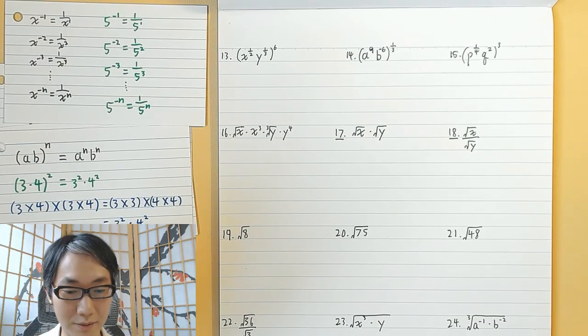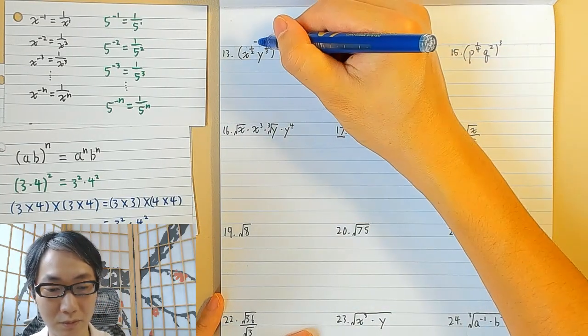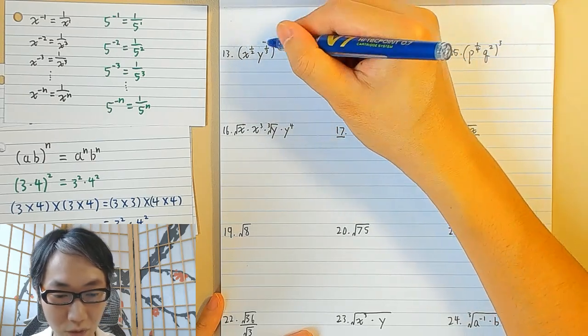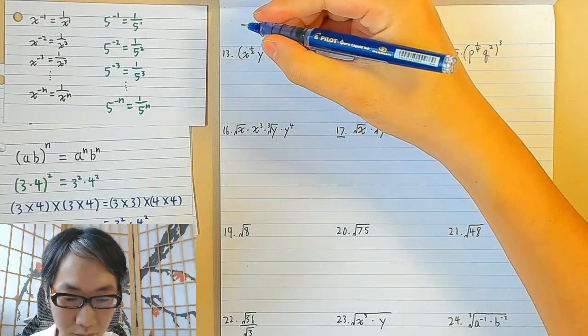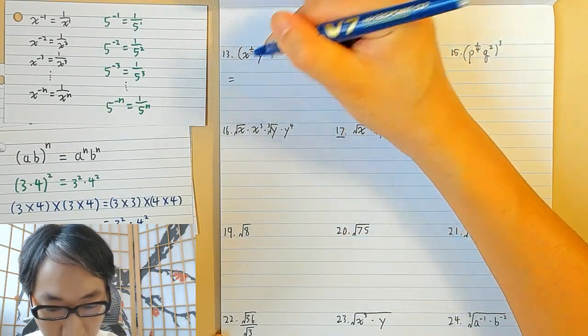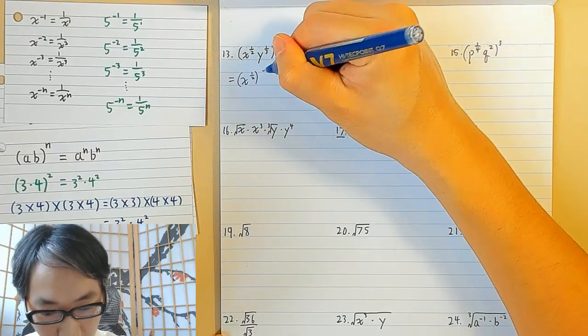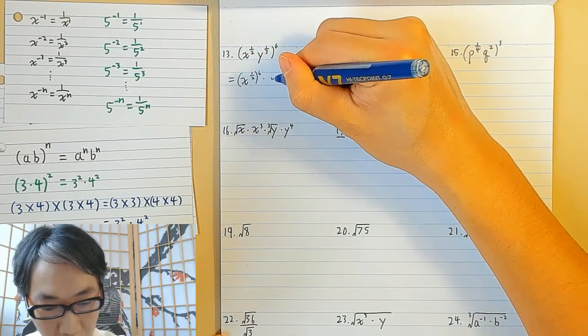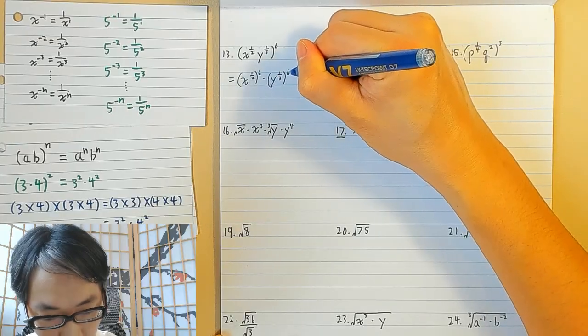And 13, we have indices in fraction. We have fraction in the indices. So similarly, this is the distribution rule. So this equals x to the power of 1/2 to the power of 6 times y to the power of 1/3 to the power of 6.